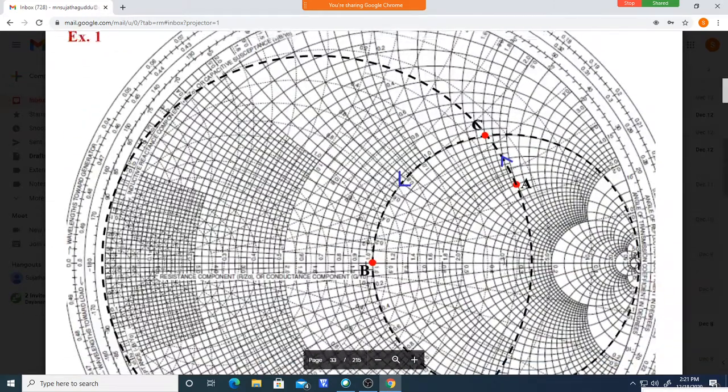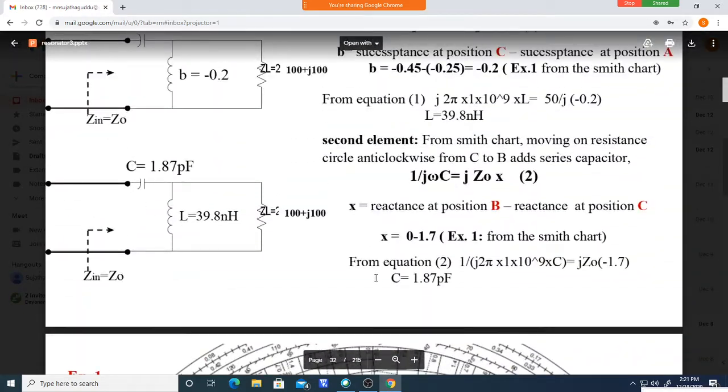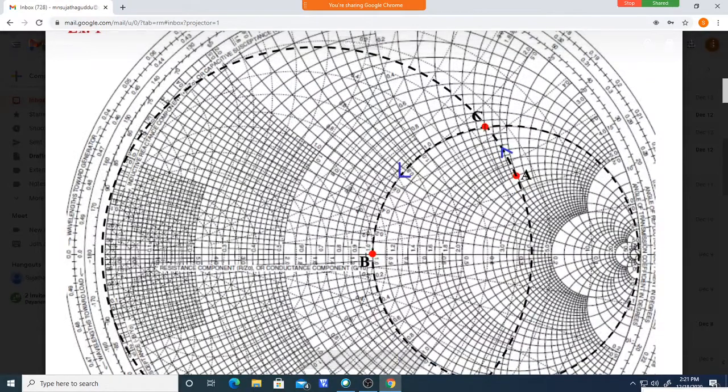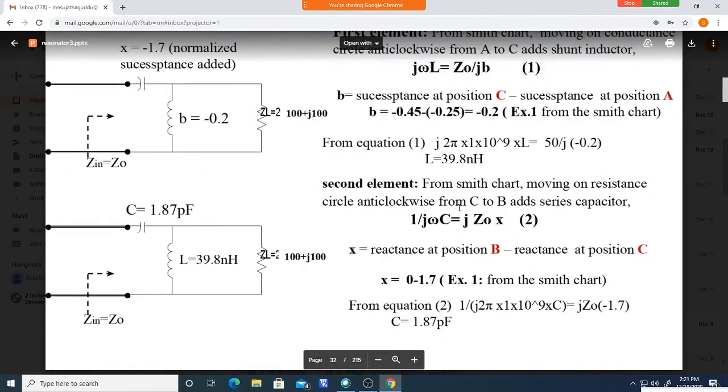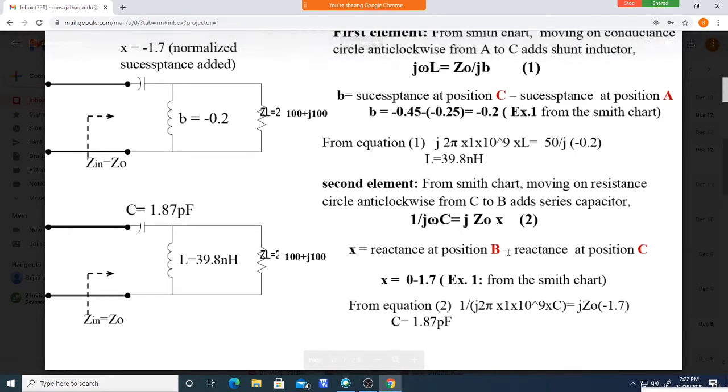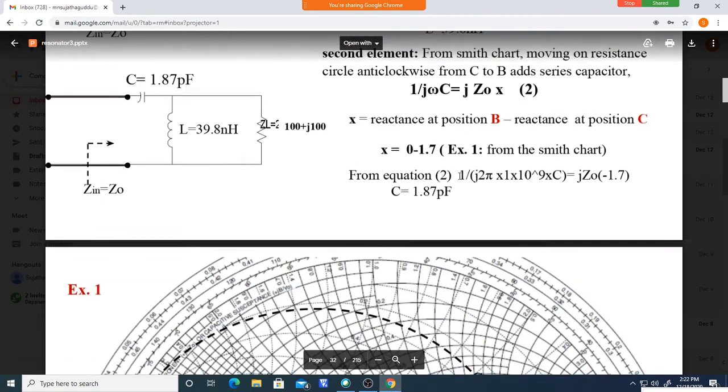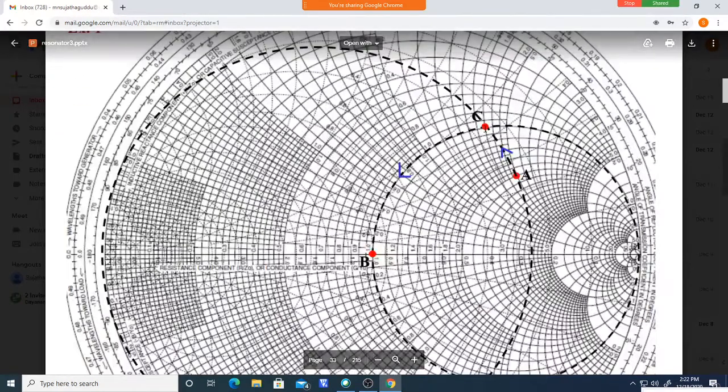How to find x? That element, this C, is added by moving from here to here. So you should take the reactance at B and the reactance at C. Reactance at B minus reactance at C, final position and initial position. We moved from here to here.